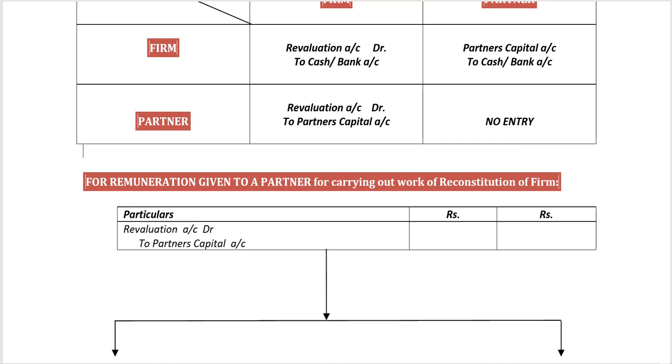Now, when a partner helps in the reconstitution of the firm, the firm may decide to give remuneration to that specific partner. And for remuneration given to a partner for carrying out work on the reconstitution of the firm, the journal entry is revaluation account debit to partners' capital accounts.